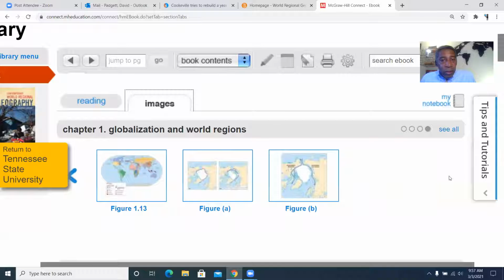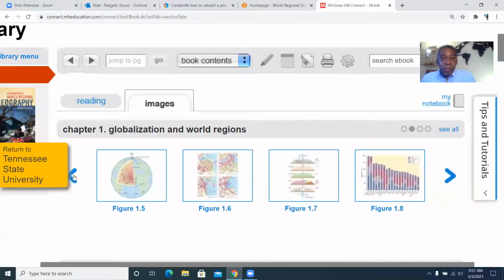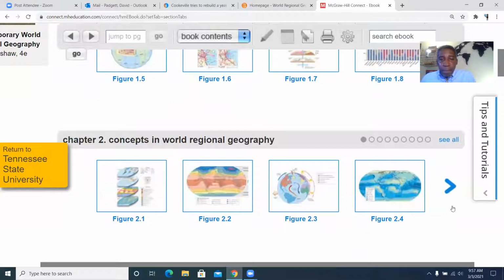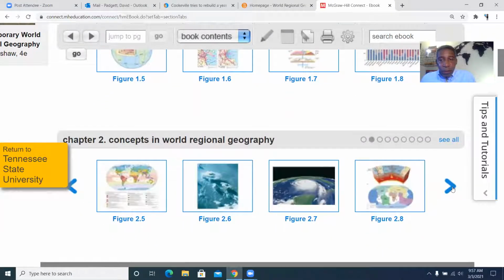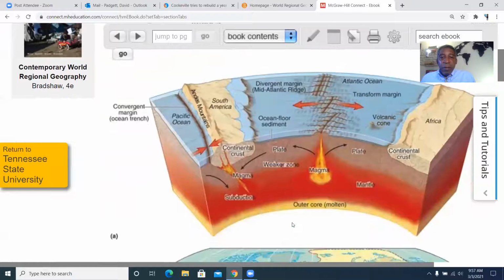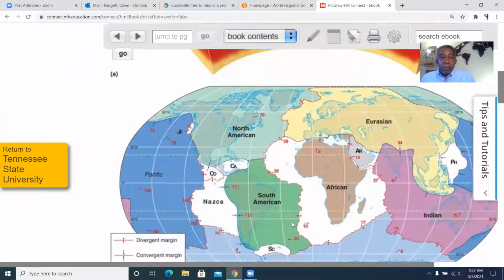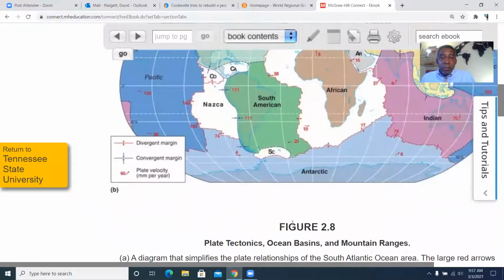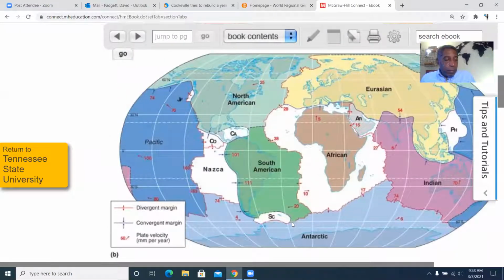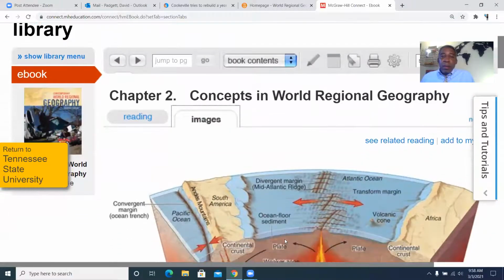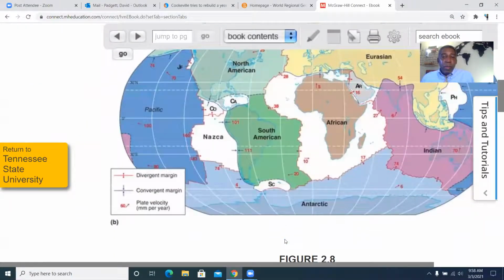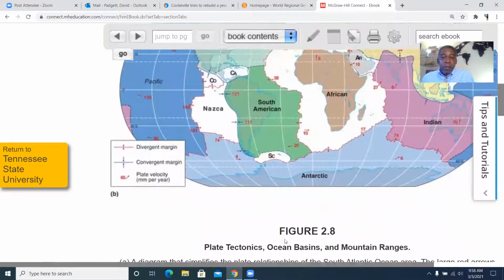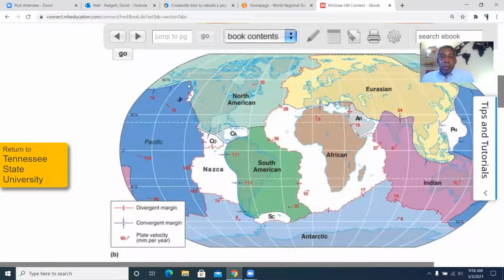It could be in chapter 2, perhaps. Oh, here it is. Here's figure 2.8, and figure 2.8b. So here are the plate boundaries.